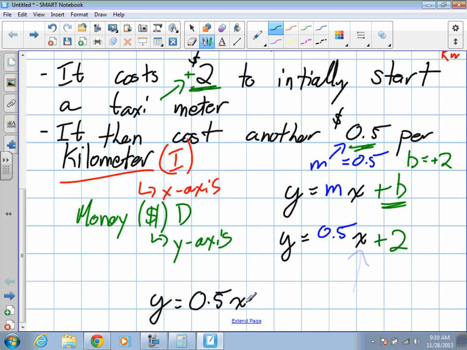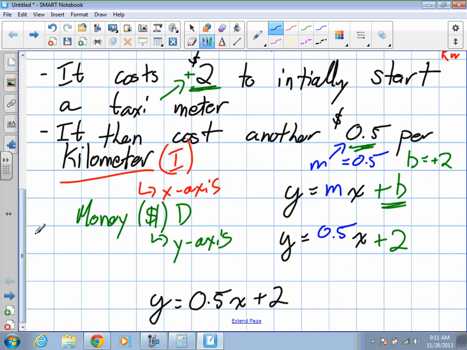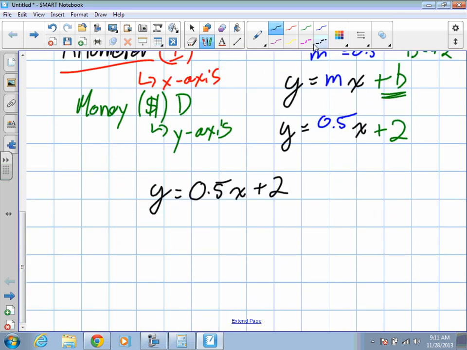So let's think about this. We know from our graph that at 8 kilometers we owe $6. But let's say I have to travel halfway across Toronto. Okay, so I'm traveling 50 kilometers. Which one am I replacing? The y or the x? That's right. x was dealing with our distance.